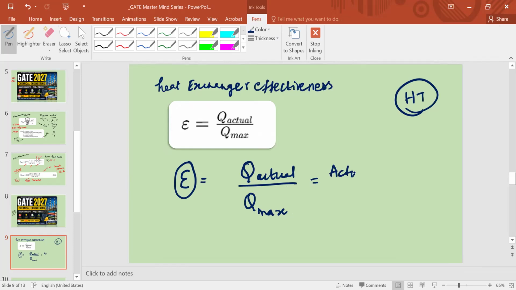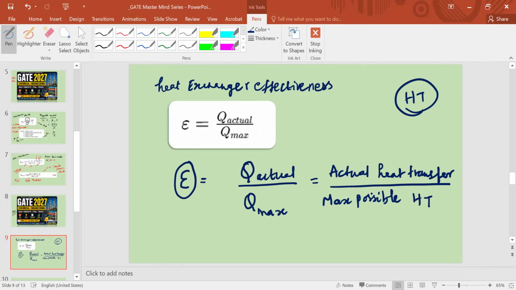This is known as actual heat transfer. This is the maximum possible heat transfer.